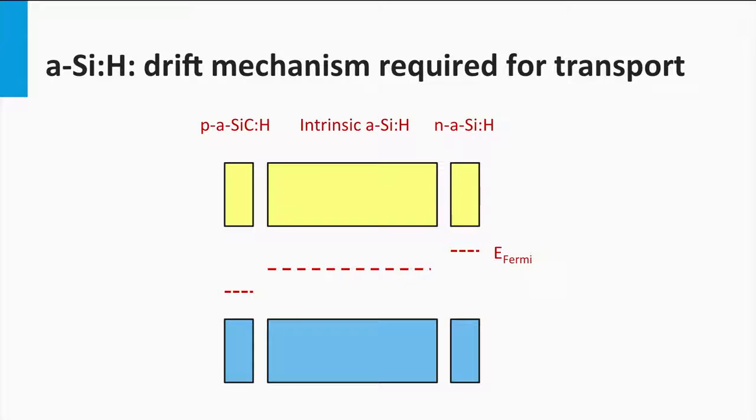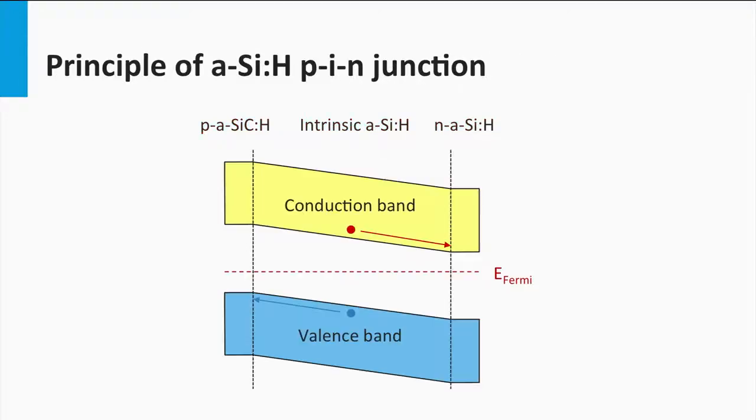Note that the Fermi level of a p layer is closer to the valence band than to the conduction band. The intrinsic film has a typical thickness of 100 up to 300 nanometers and its Fermi level is positioned in the middle of the band gap. The n-type layer is in the order of 20 nanometers and its Fermi level is closer to the conduction band than to the valence band.